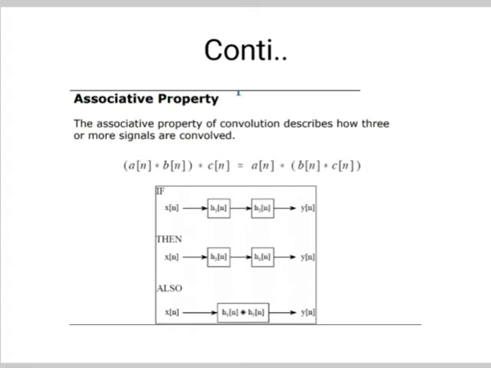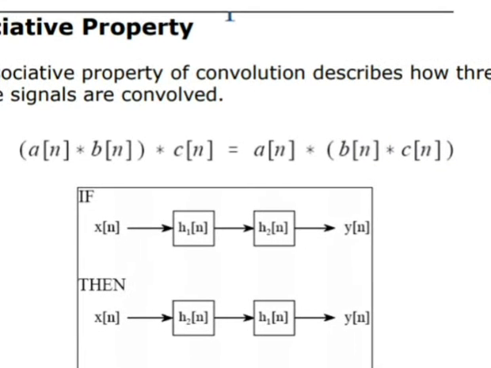So a of n convolution b of n convolution c of n is equal to a of n convolution the bracket b of n convolution c of n. If x of n is the input to the h1 of n block and it is then connected to h2 of n, then the output is y of n. If x of n is the input to first h2 of n, then h1 of n, then also y of n is the output. Also x of n is the input for h1 of n convolution h2 of n, then y of n is the output.